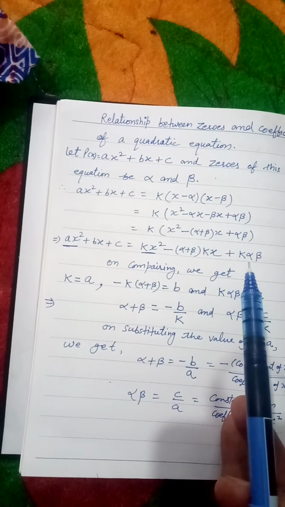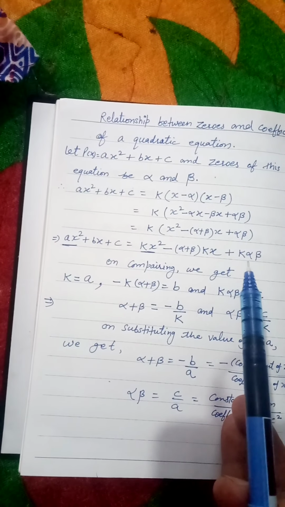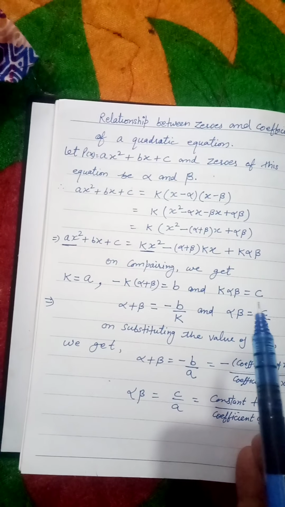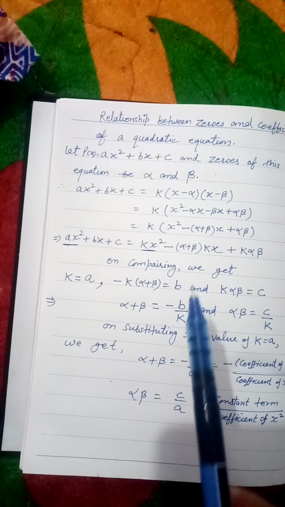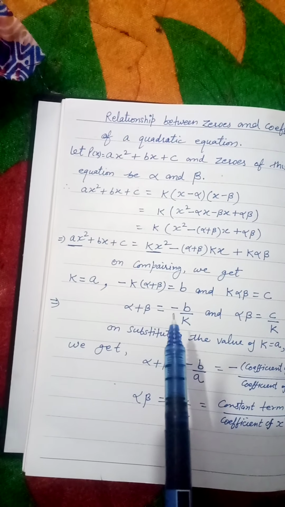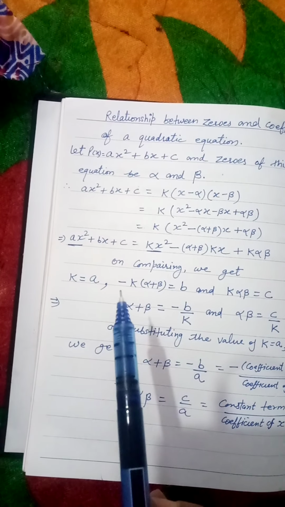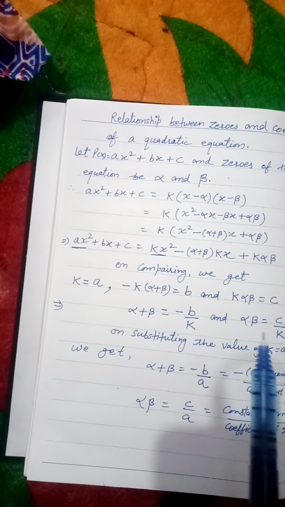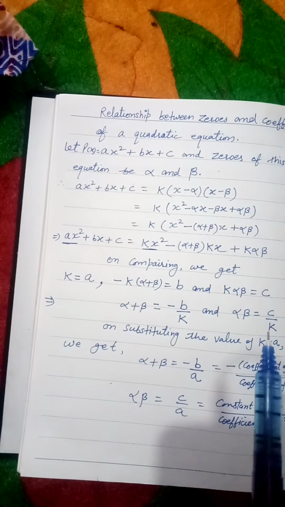The constant term is k alpha beta here, and c in the general equation, so k alpha beta equal to c. Now if we simplify this, we will get alpha plus beta equal to minus b by k, and alpha beta equal to c by k.